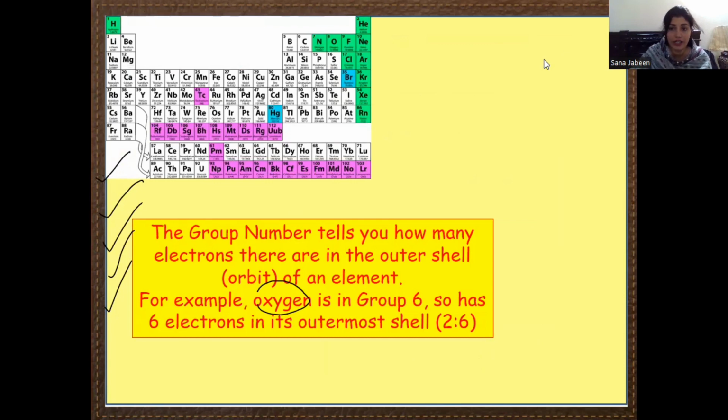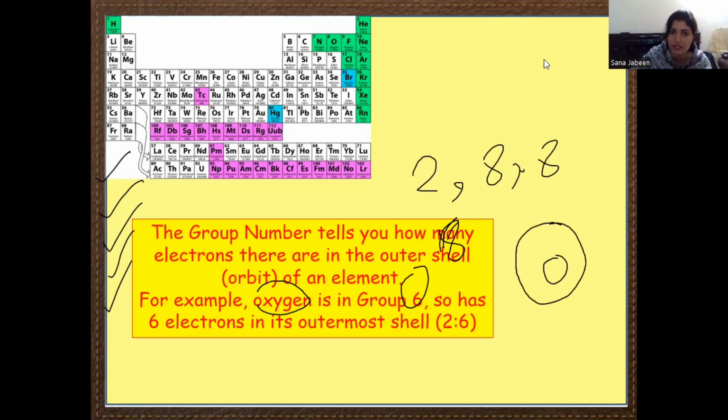I told you about the electronic configuration. The first shell contains 2 electrons, the second contains 8, then 8. So for oxygen, there are a total of 8 electrons, and it belongs to group 6, which means it has 6 electrons in the outermost shell. If I draw the structure, here is the first shell.